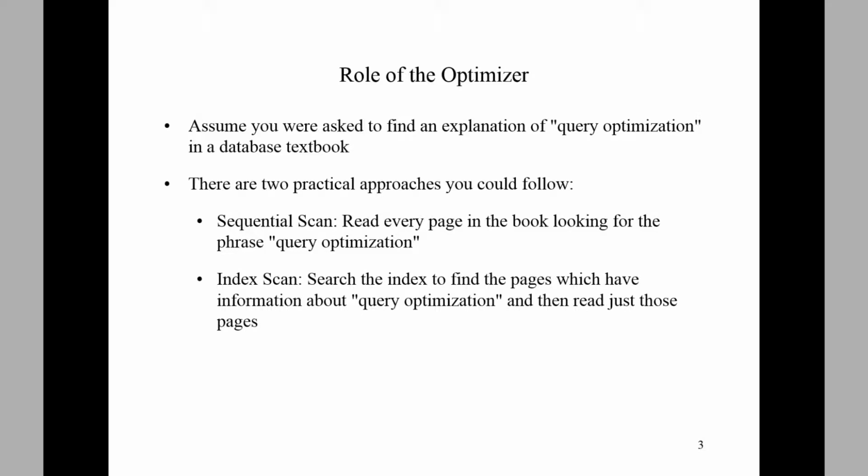An index scan, where we search the index for the book to find the pages which have information about query optimization, and then we read just those pages. As we present the general data structures used by database systems, we will examine these two approaches in some detail.